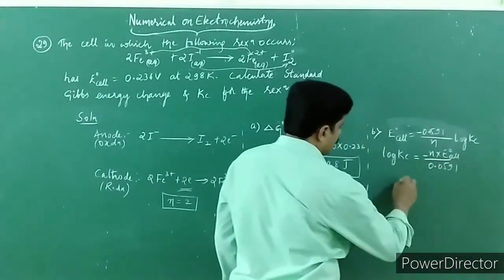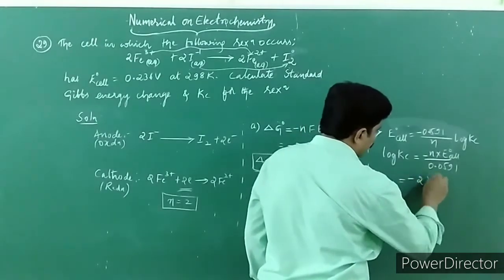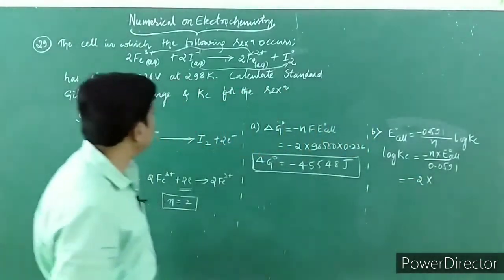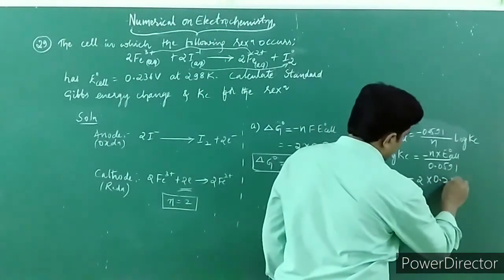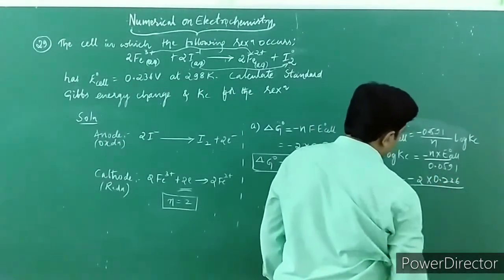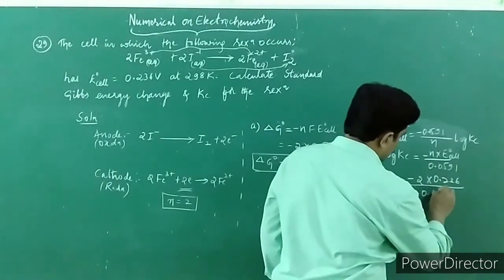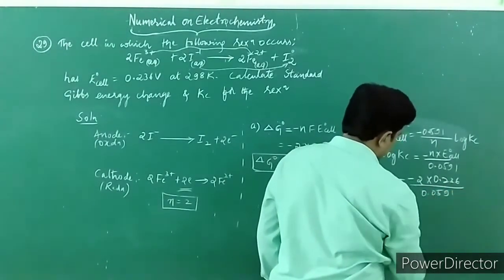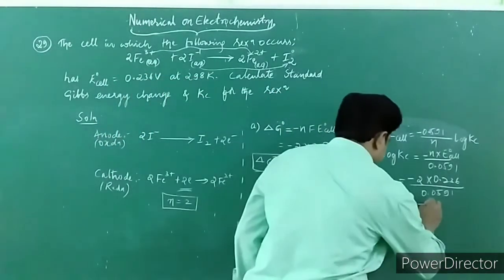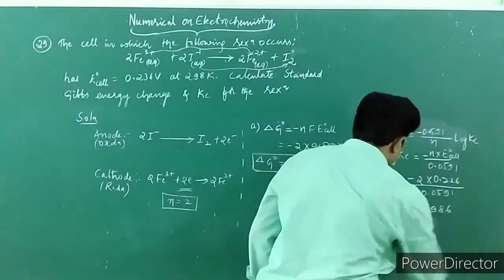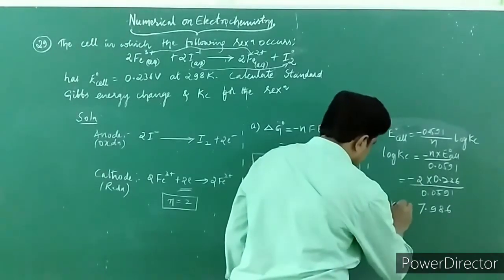Is it not? Now n is how much here? n is 2. E naught cell is how much here? E naught cell is 0.236. So 2 into 0.236 upon 0.0591. Children, if you simplify, you are going to get 7.986. This is log Kc.